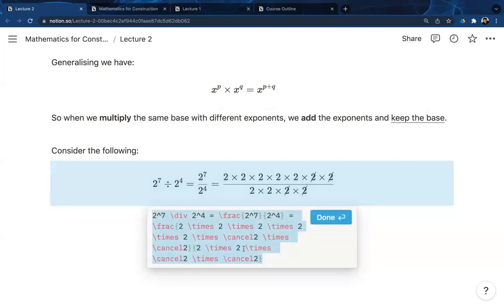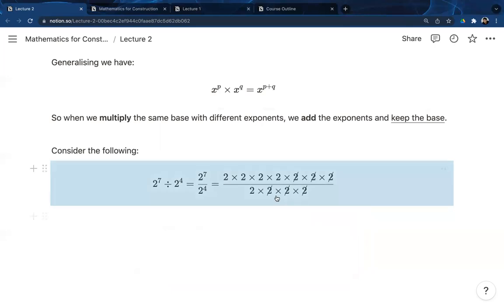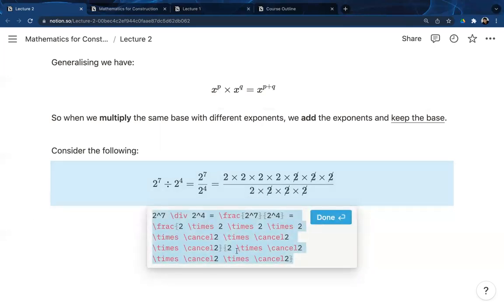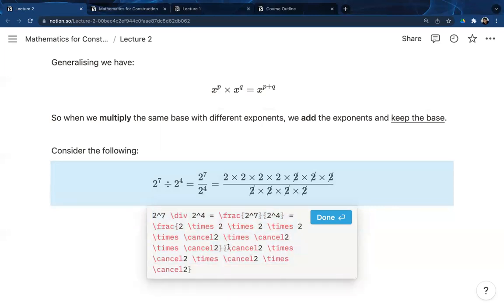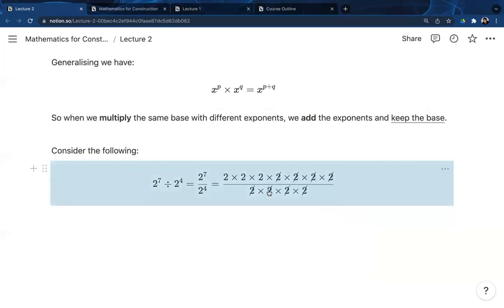So I could keep canceling. So 3 2's below cancel 3 2's above. And I have 1 more 2 that could cancel in the bottom. So 4 of the 2's from the bottom canceled 4 of the 2's on top.